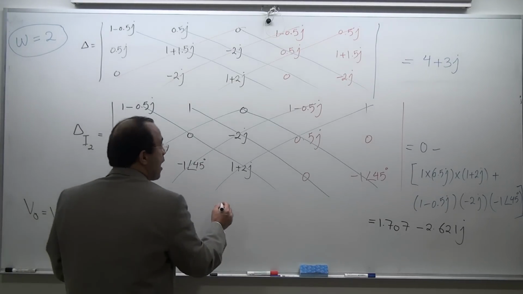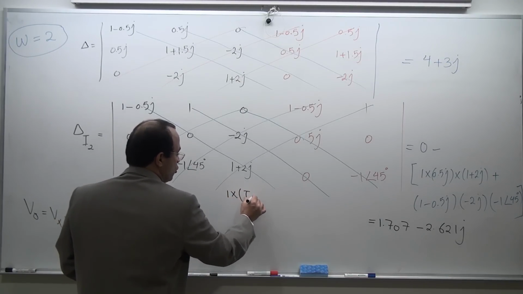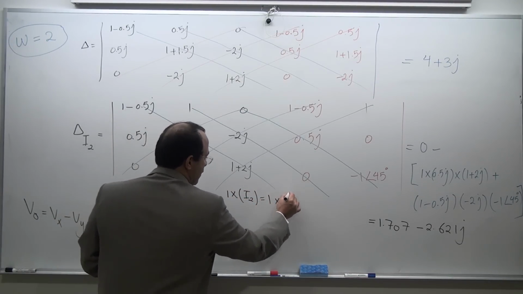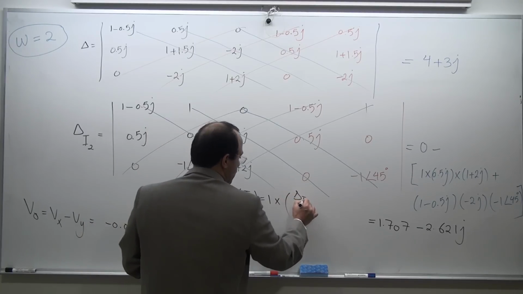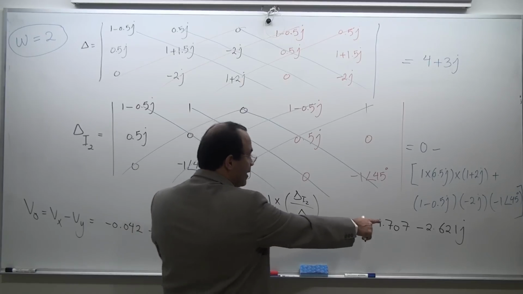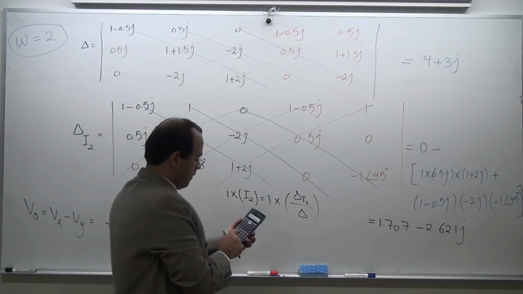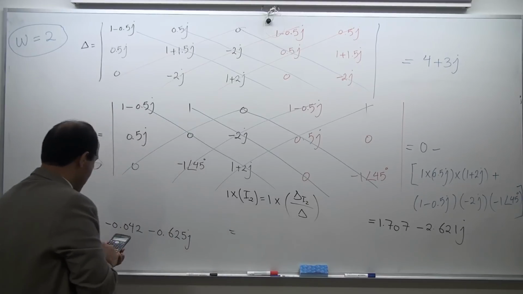So I need to find I2, and I2 is delta I2 divided by delta. So all I have to do is to get this one divided by this. So let's divide, answer 4 plus 3j. Nice!